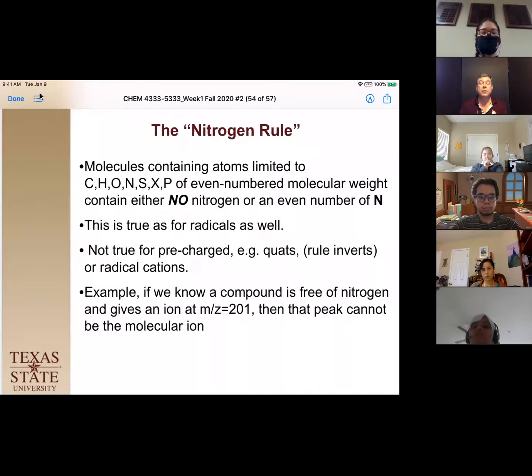Now, once you start breaking them apart, one of the fragments might turn out odd and one of them might turn out even. And that means that the odd fragment is the fragment that the nitrogen went away on. So that nitrogen fragment you can see because it'll continue to have some odd numbers in them. Okay, so that's the nitrogen rule. And it, again, only works about 80% of the time, but it's a good way to start looking at this.